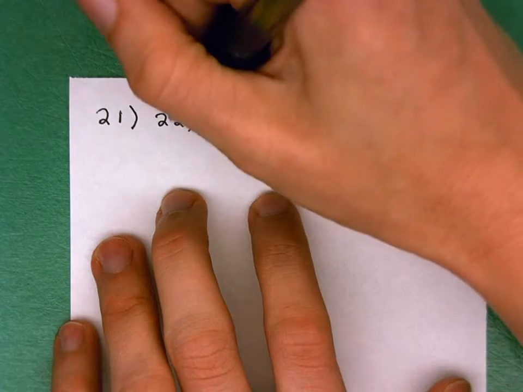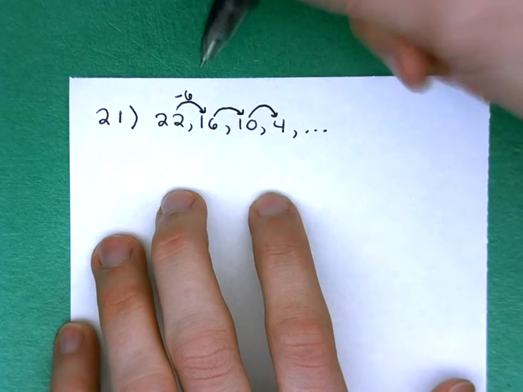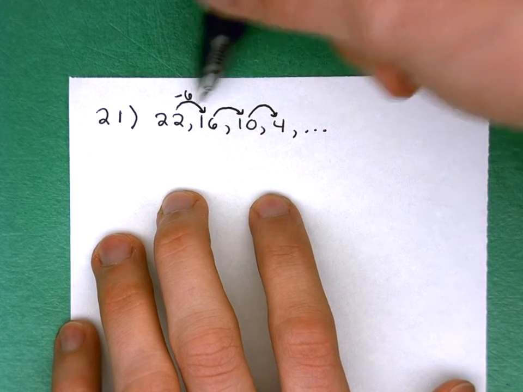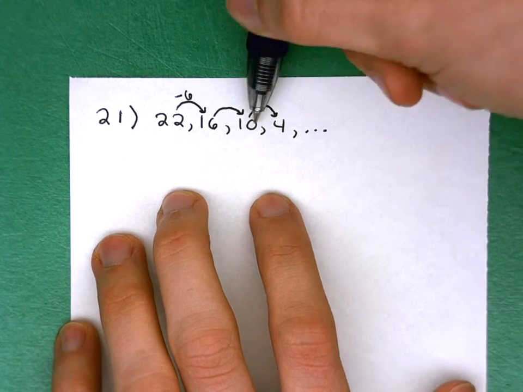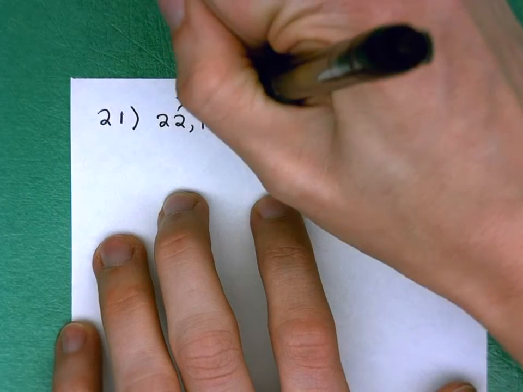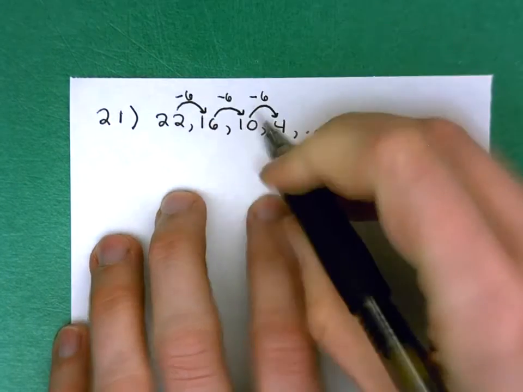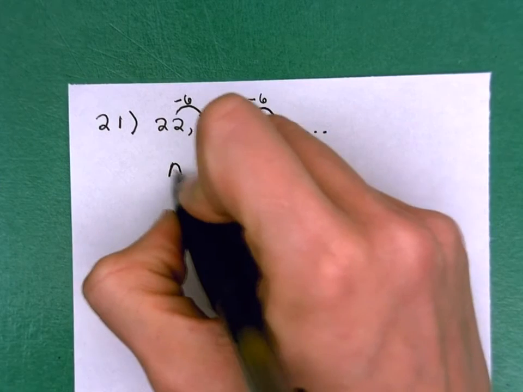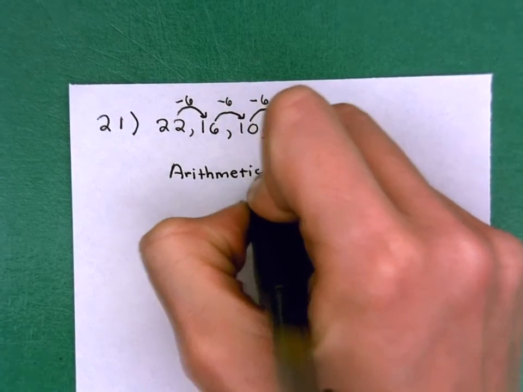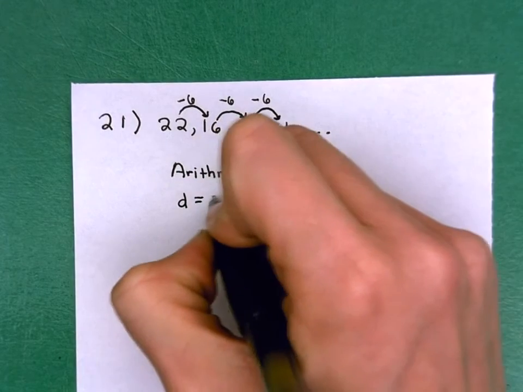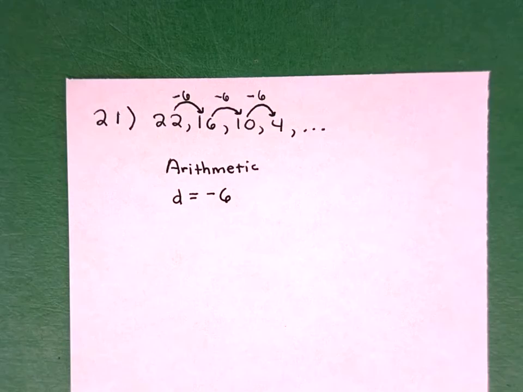Okay, so I'm going to be looking, how did I get from 22 to 16? Well, I subtracted 6. And if this is in fact an arithmetic sequence, I should see minus 6, minus 6. That same pattern. Well, 16 to 10 was minus 6, 10 to 4 was minus 6. And so we do in fact have an arithmetic sequence. And that arithmetic sequence has a common difference of negative 6. Okay.